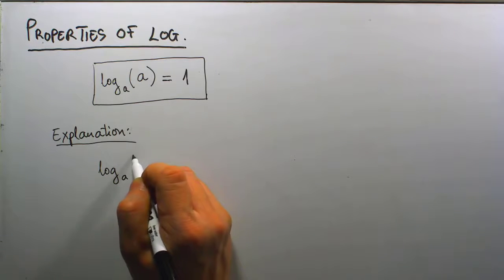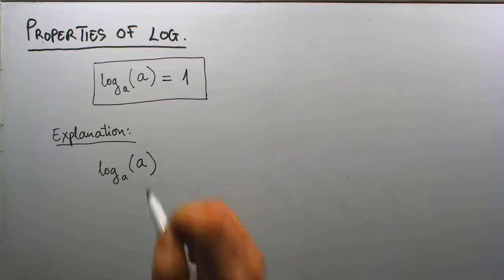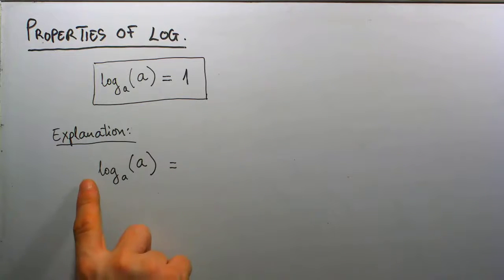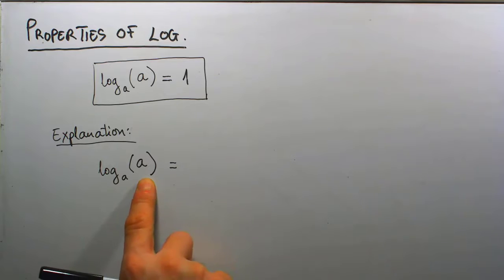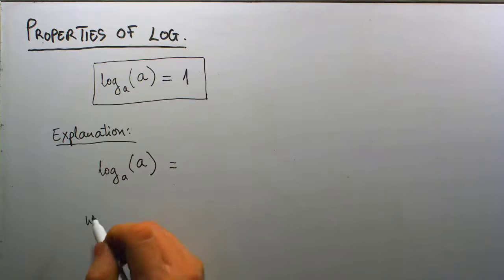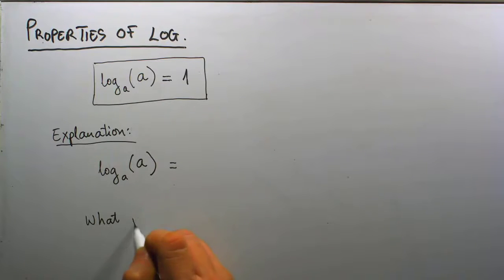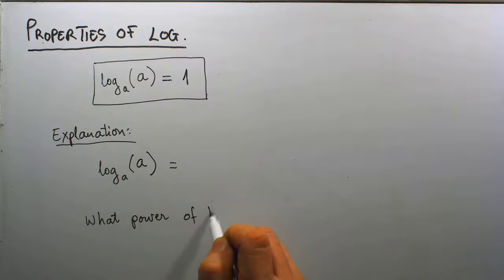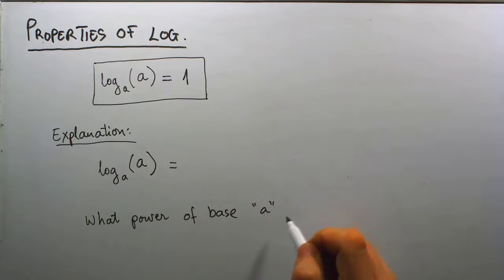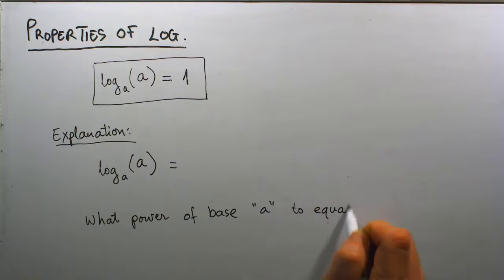Think about log base a of a. In my way of introducing logarithm, log base a of a is thought of as the following question. We want to find what power of base a will equal a.